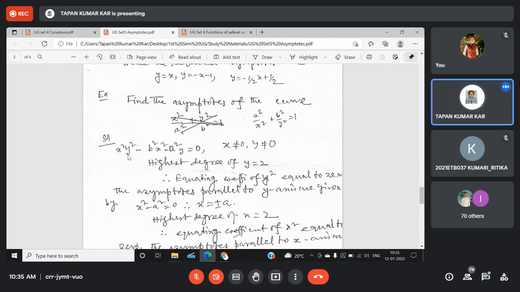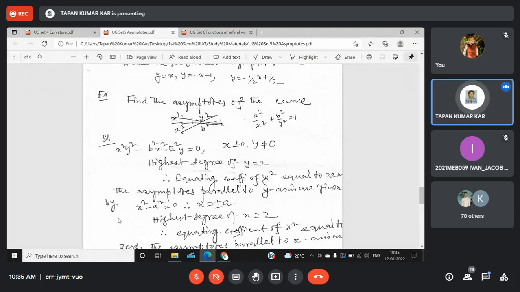First line: x square y square minus b square x square minus a square y square equal to 0. Okay, so y to the power 4 is absent here. It is a 4th degree equation, but y to the power 4 is absent here.